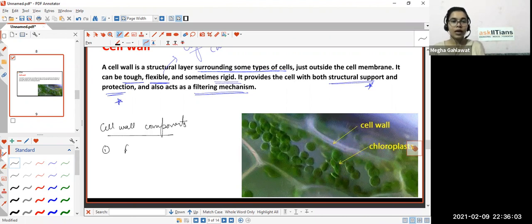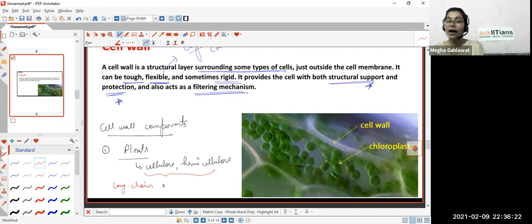So we have the plant. Plants have the cell wall made up of cellulose and hemicellulose, right? What are these? These are the long chains of a macromolecule which is called carbohydrate.